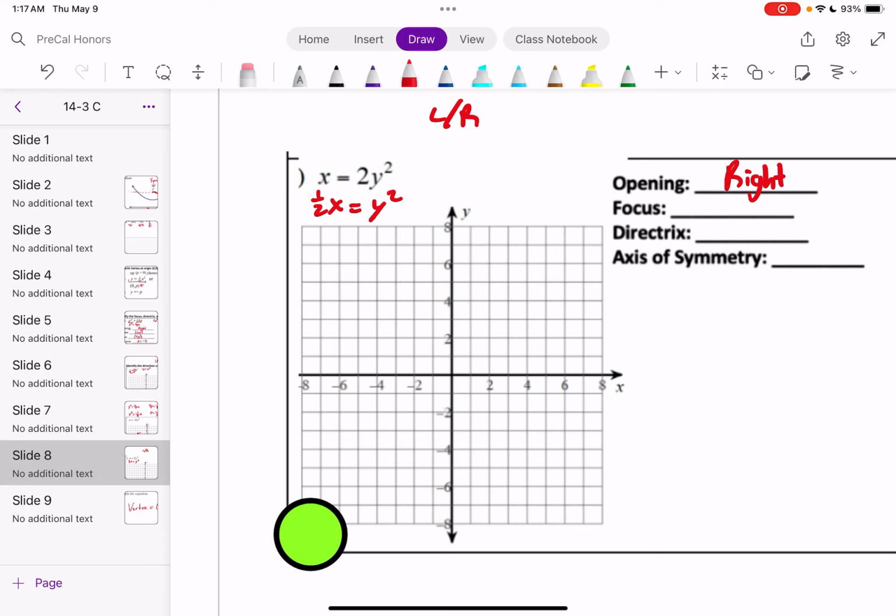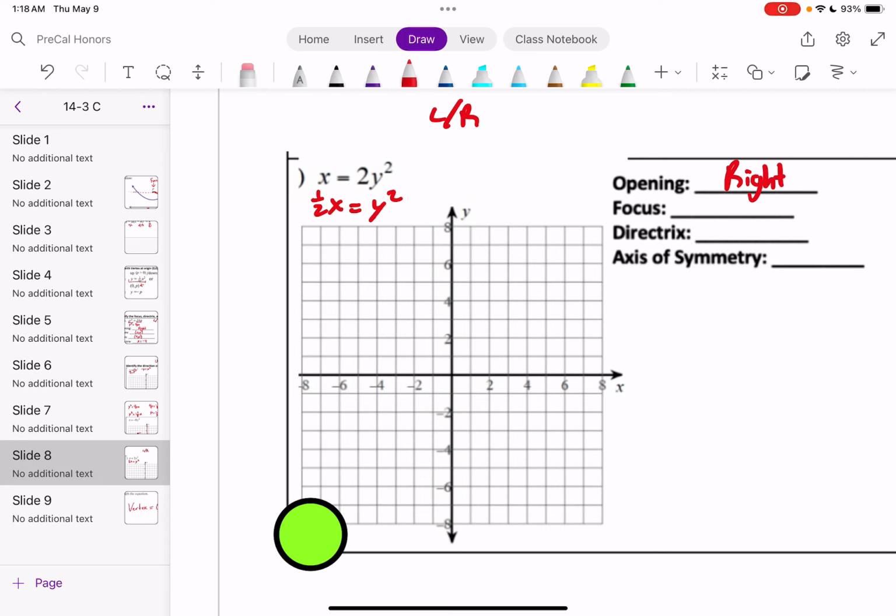Our next thing is going to be to solve for p. We have our generic equation, which we are going to compare against. So in this problem, we have x is equal to 2y squared. As we're working this problem, we're going to realize y squared is equal to 1/2 x.